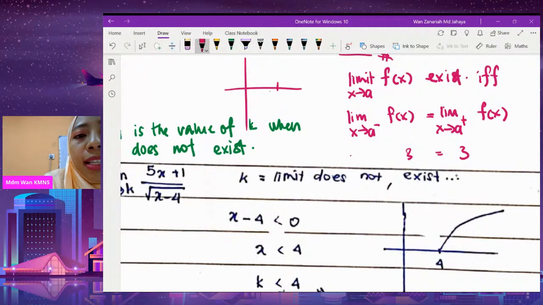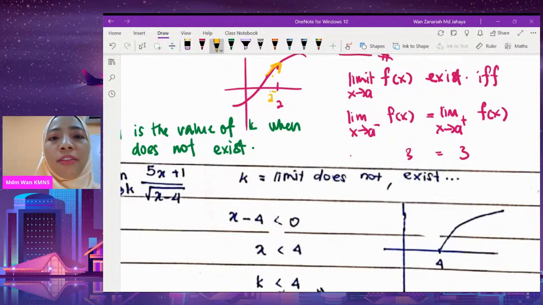For example, when x is equal to 2, when x approaches 2 from the left and 2 from the right, they must meet at one point, at the same y value.